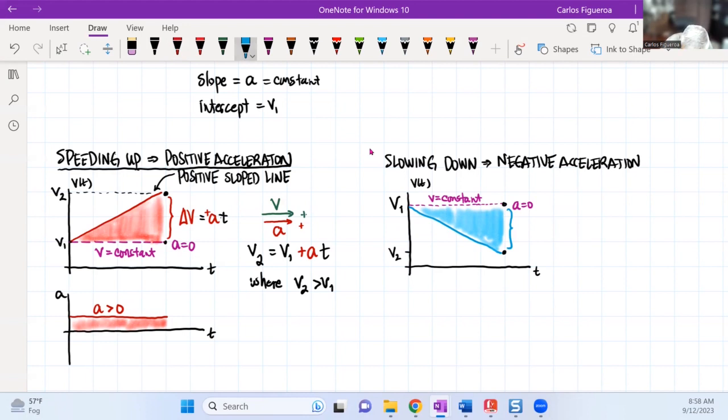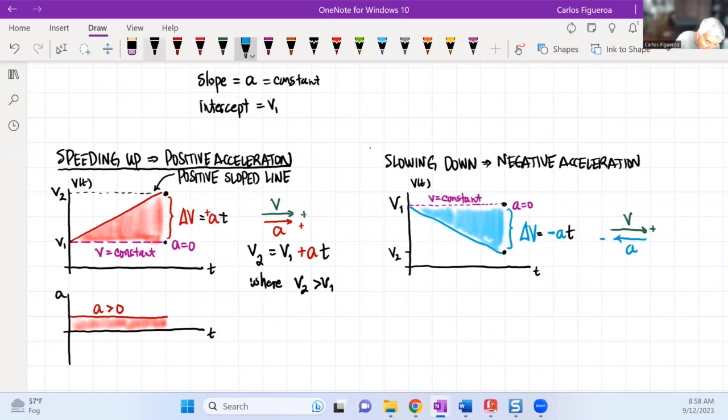In this case, we have a decrease, and the reason is that we have a negative acceleration. When I look at my velocity moving in the positive direction, this acceleration is pointing in the opposite direction.